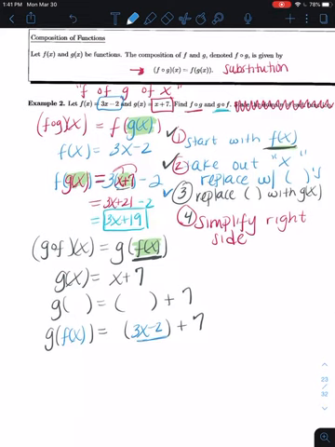In our case, we have f of x inside the parentheses. So that's what we're putting inside. And then the last step is to simplify the right side. So all I care about is the right side. So I drop these parentheses. 3x minus 2 plus 7 is 3x plus 5.